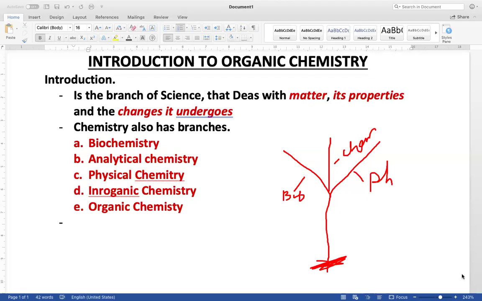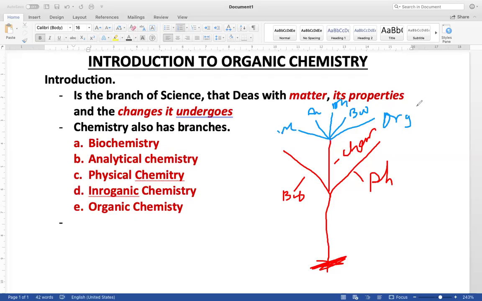And now, these very branches can also subdivide, like I've given an example. So chemistry subdivides itself into 5 components, and one of these components is the one that we're going to look at. There's organic, biochemistry, physical, analytical, and inorganic.